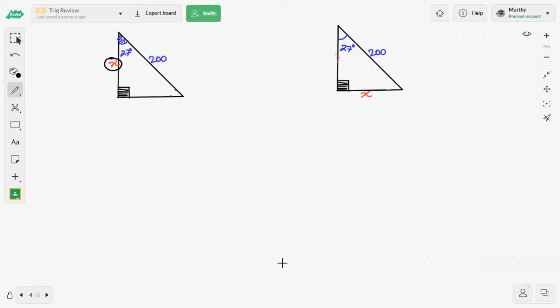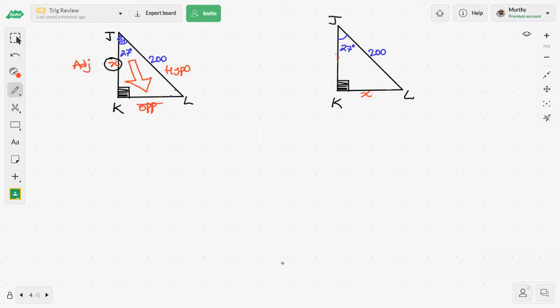This time let me label this as maybe J K L, the same J K L. Here angle J is given, right? Therefore, KL is going to be the opposite side. And you know what is the hypotenuse? And the third side will obviously be the adjacent side.